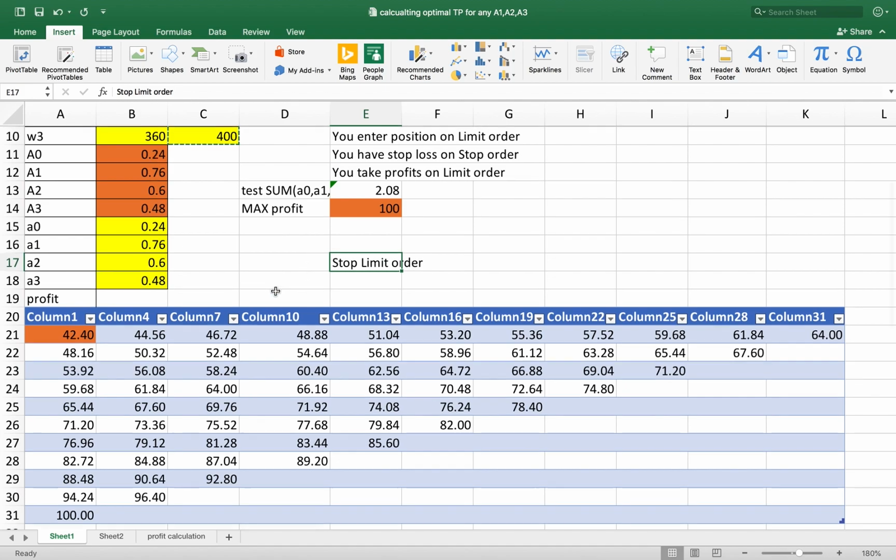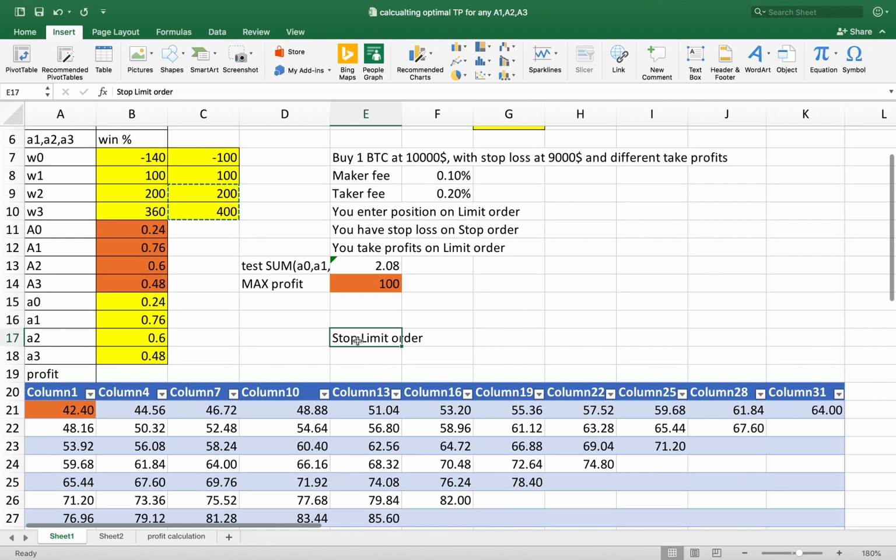So that's another thing that makes me consider stop limit orders. I used to use stop orders quite a lot, because the strategy I'm using is based on stop orders, but I'll just start using this for sure.